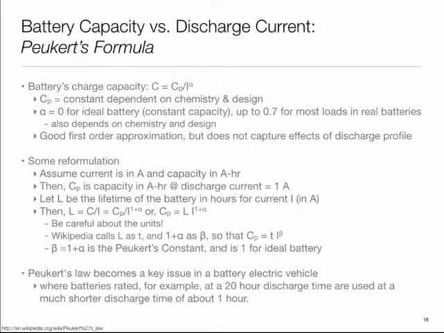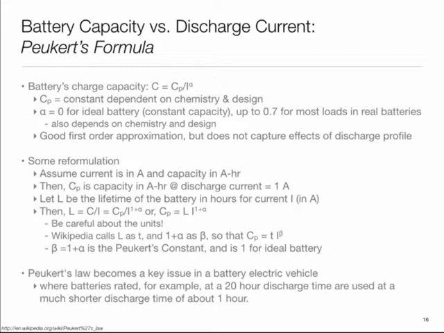So assume that the current is in amperes and capacity is in ampere hours. Then Cp is the capacity in ampere hours at a discharge rate of 1 ampere. That follows, right? If I is in amperes and Cp is in ampere hours, then I equal to 1 means C is equal to Cp. So Cp is nothing but the capacity when the discharge current was 1 ampere.